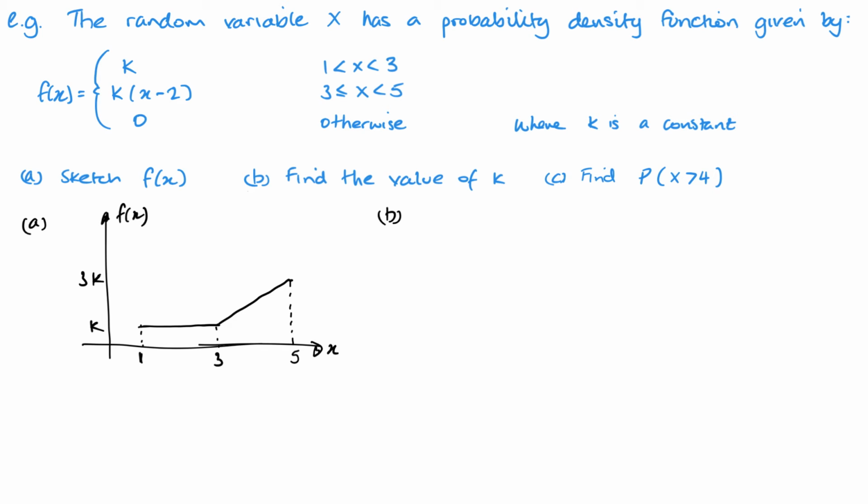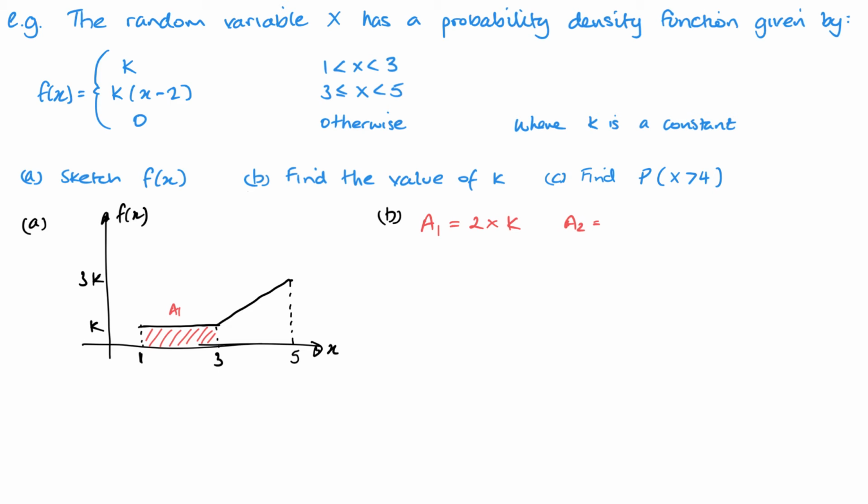So if I look at this first area here, I'm going to call that area 1. This area 1 is just going to be a rectangle, with a length of 2 and a height of k. So area 1 is just 2k.